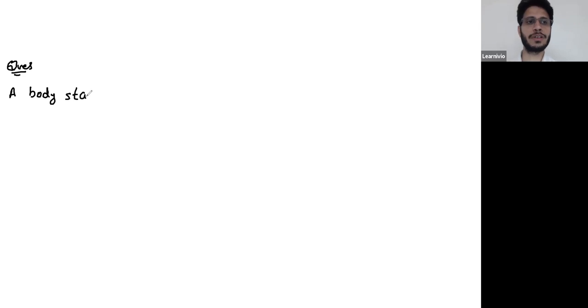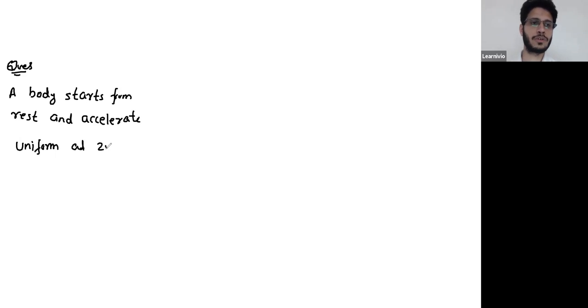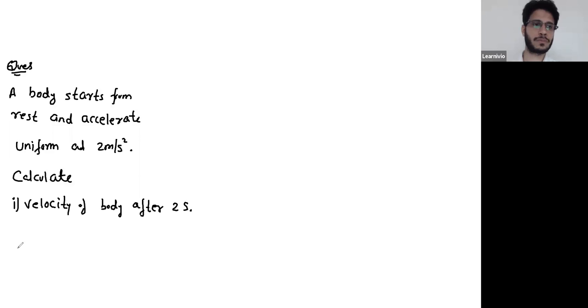A body starts from rest and accelerates uniformly at 2 meters per second square. Calculate: first part, velocity of the body after 2 seconds. Second, displacement covered in 2 seconds.